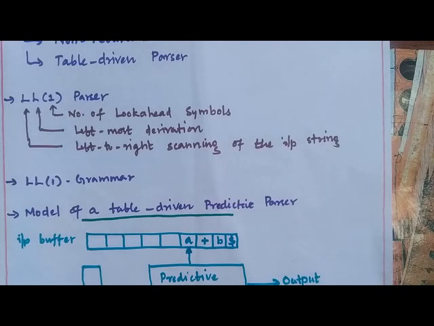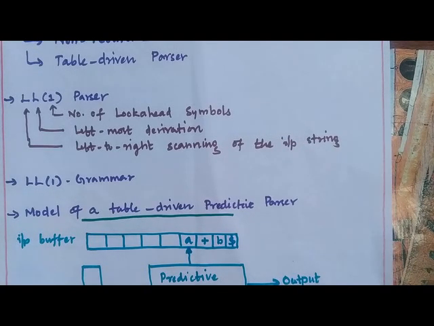The minimum criteria for a grammar to become LL1 is that it should be free from left recursion and the grammar should be left factored. There are certain other conditions, but these two are the requirements for a grammar to be LL1.